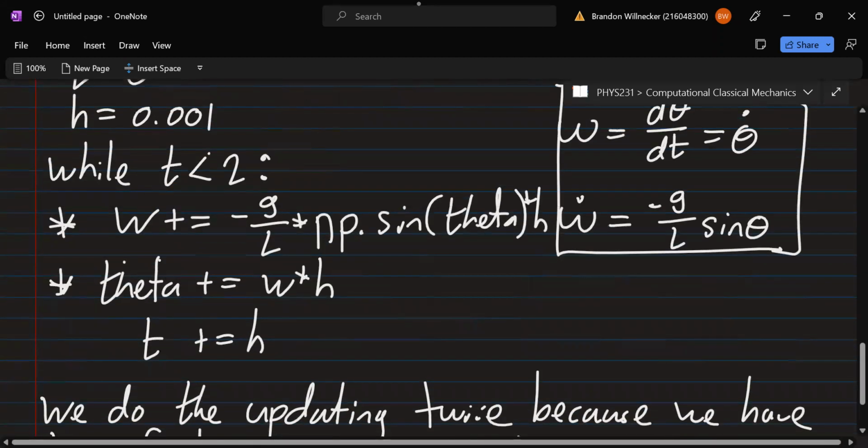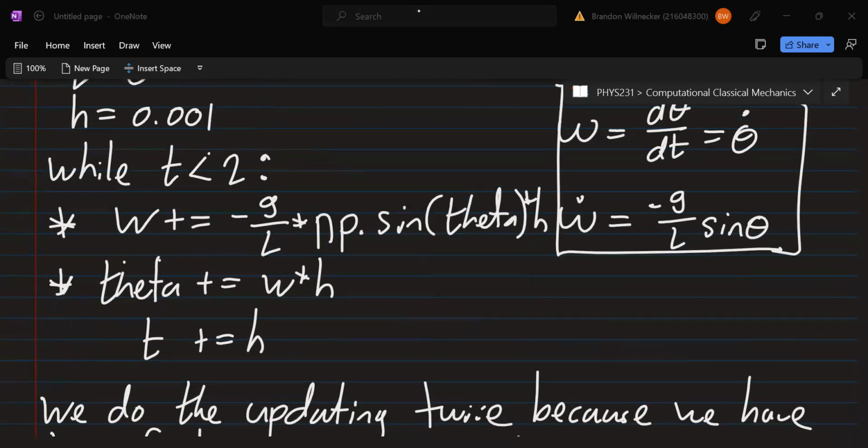Here we're just updating the values. We're not using them for anything, but later on when we want to study the energy of the system, for example, or we want to plot what this angle looks like over time, then of course we need to save these values in a list. But just for now, we just want to see the updating procedure.